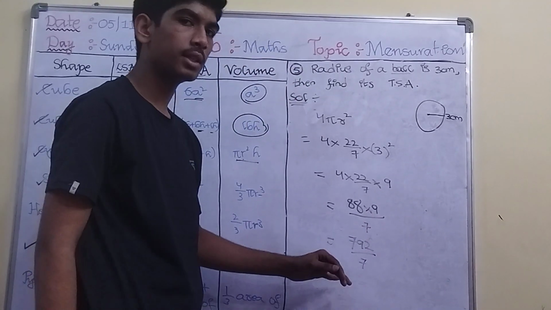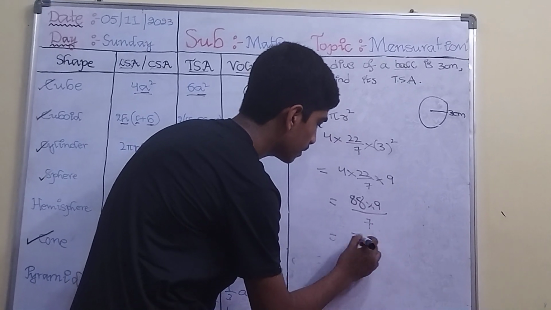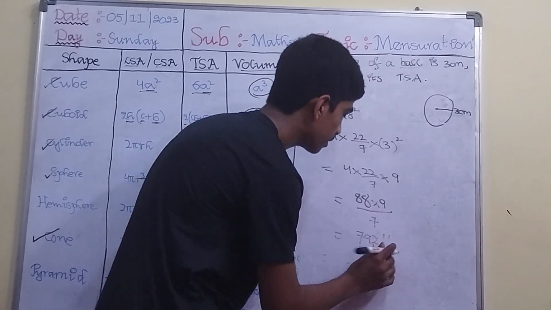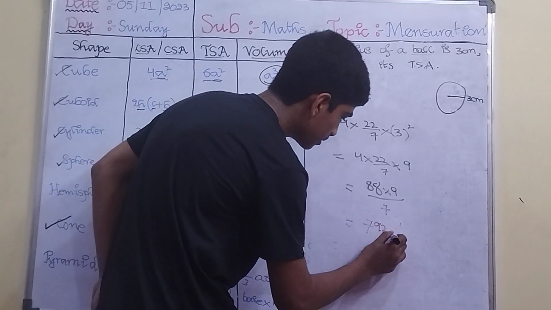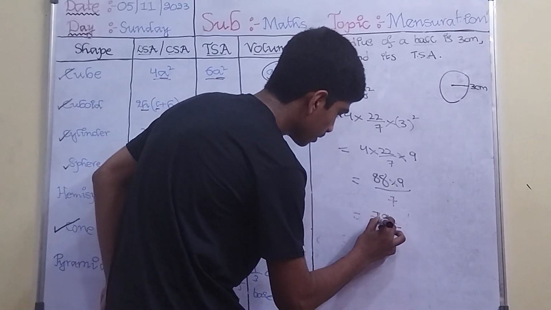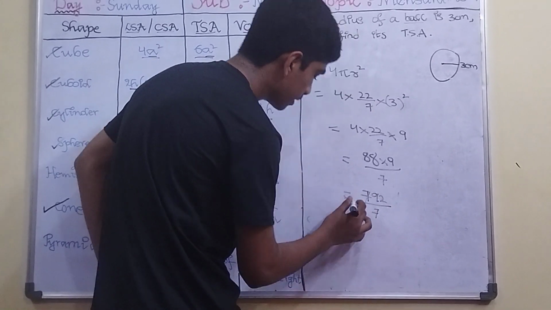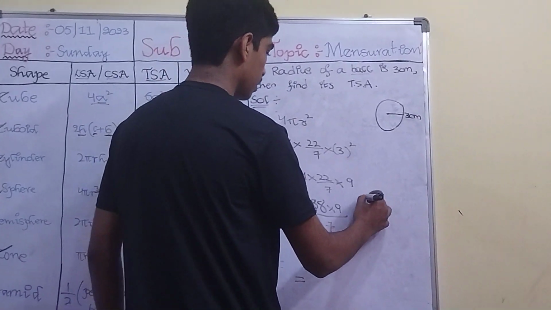Now check whether it is cancelling or not. 7 ones, 7 twos, 7 threes. Not cancelling. So again we have to divide it. 792 by 7. If we divide, we will get the simplest form of this fraction. We will get it in decimal.